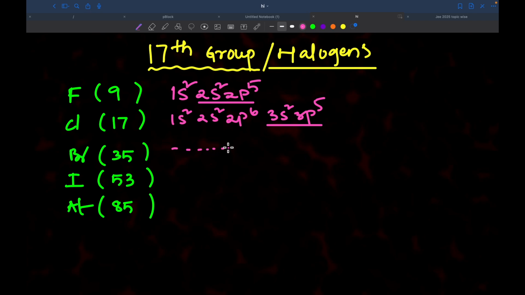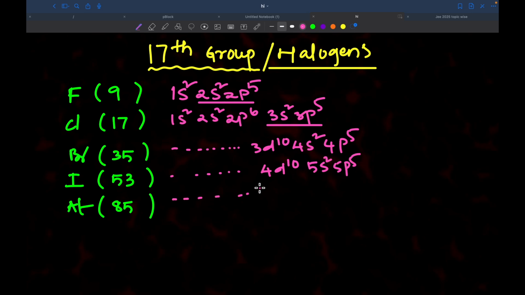Bromine is going to be the same thing, so we get 3d10, 4s2, 4p5, whereas iodine is going to be 4d10, 5s2, 5p5, and this is going to be 4f14, 5d10, 6s2, 6p5. So these are the electronic configurations.